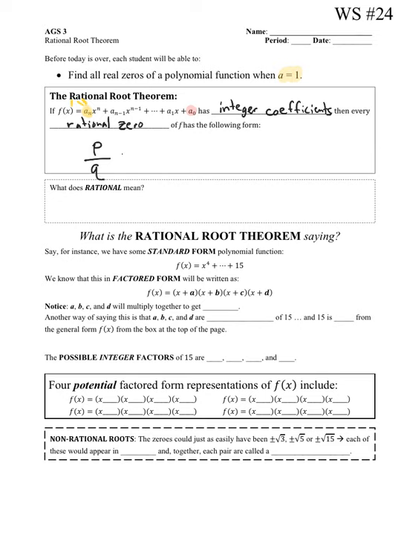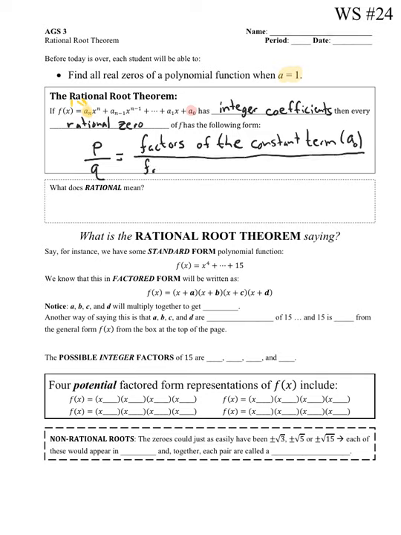Is going to be this p over q, where p represents the factors of the constant term, which in this case is a sub 0, and q represents the factors of the leading coefficient.